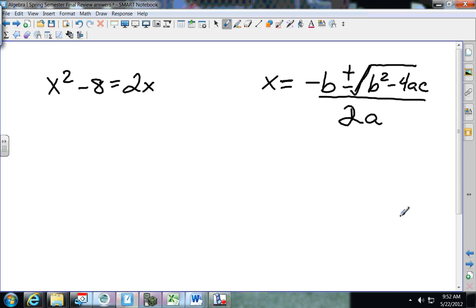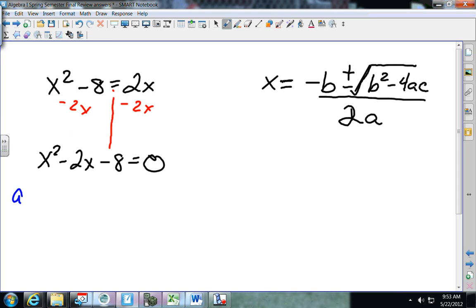Okay, before you can use the quadratic equation, you have to make sure it's set up in standard form. So you needed to subtract 2x from each side. And you get x squared minus 2x minus 8 equals 0. A is 1, b is negative 2, c is negative 8.